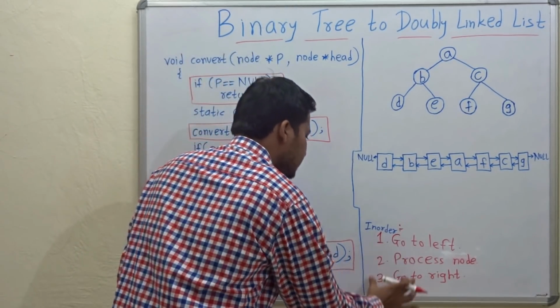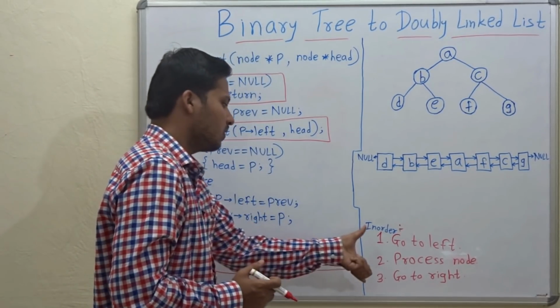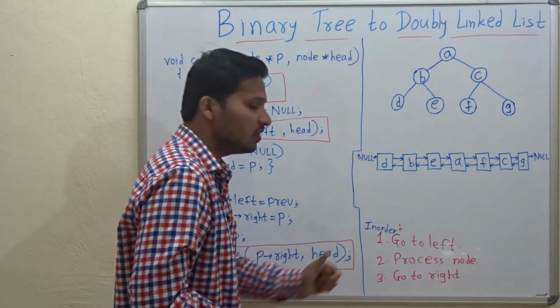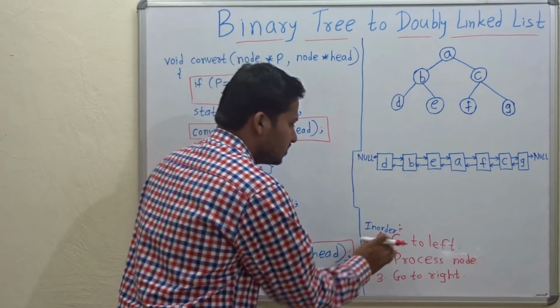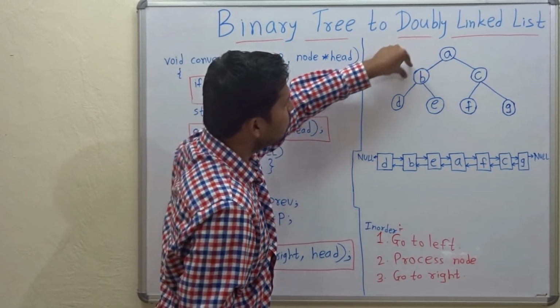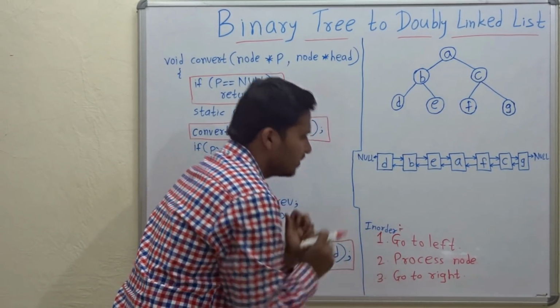These are the 3 steps which we have to follow for writing the program for the in-order traversal of a binary tree. For every node in the binary tree, we have to follow these 3 steps.